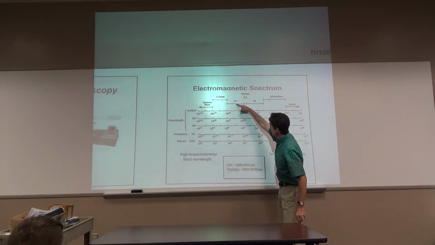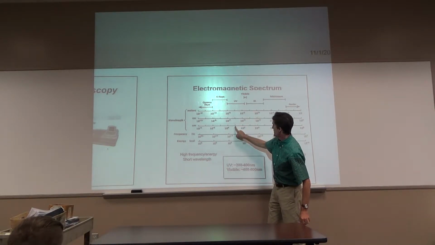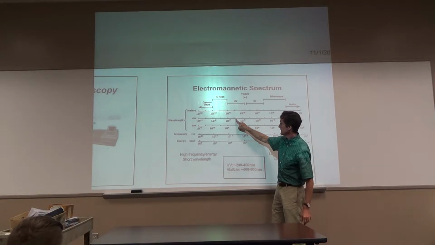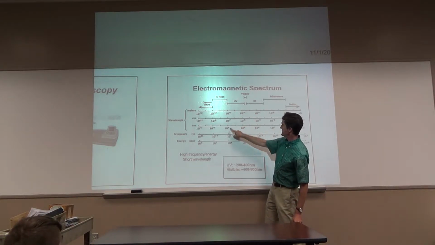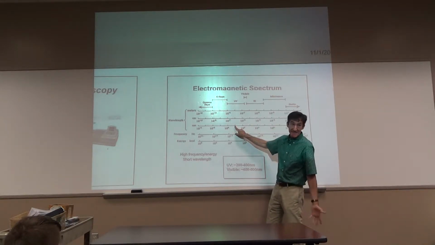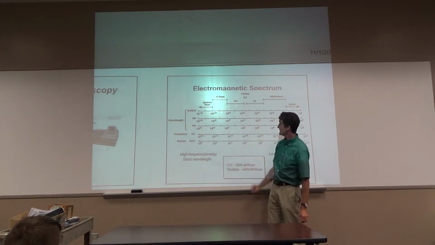Typical UV wavelengths would be, I mean, you could quote it in centimeters. You could quote any number, any unit. But nanometers, what is that? 10 to the 1? Well, 10 to the 1 is like 10. 10 nanometers would be UV.